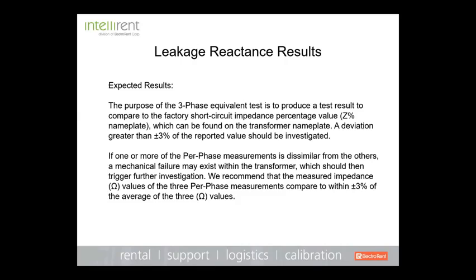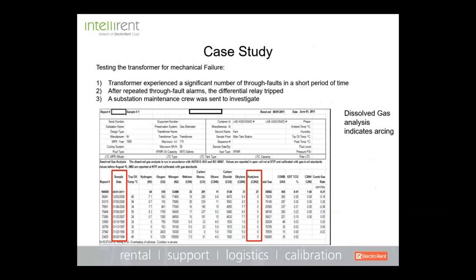Because, we'll see this a little later on in the case study, you can end up with a 3-phase equivalent that is within plus or minus 3%. However, you could have one of those 3 phases out of that 3% range. So both these types of tests are important.